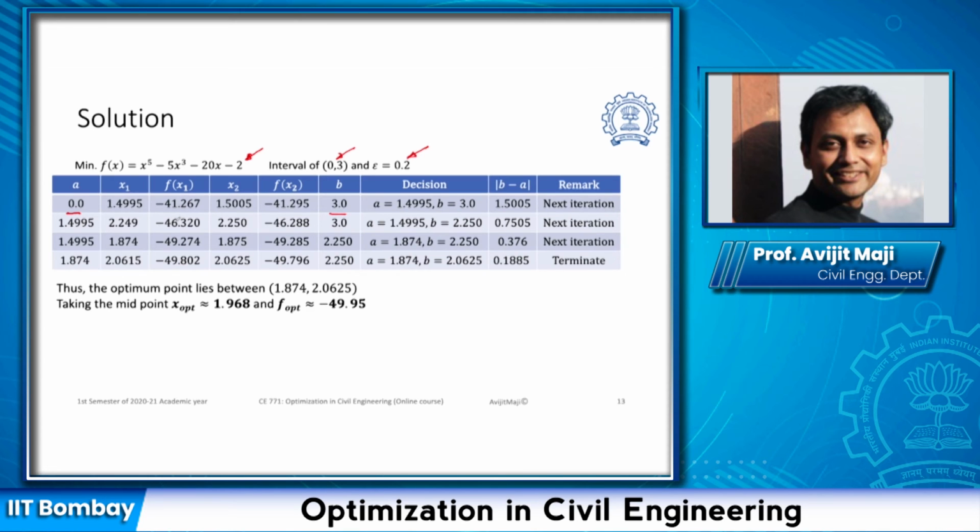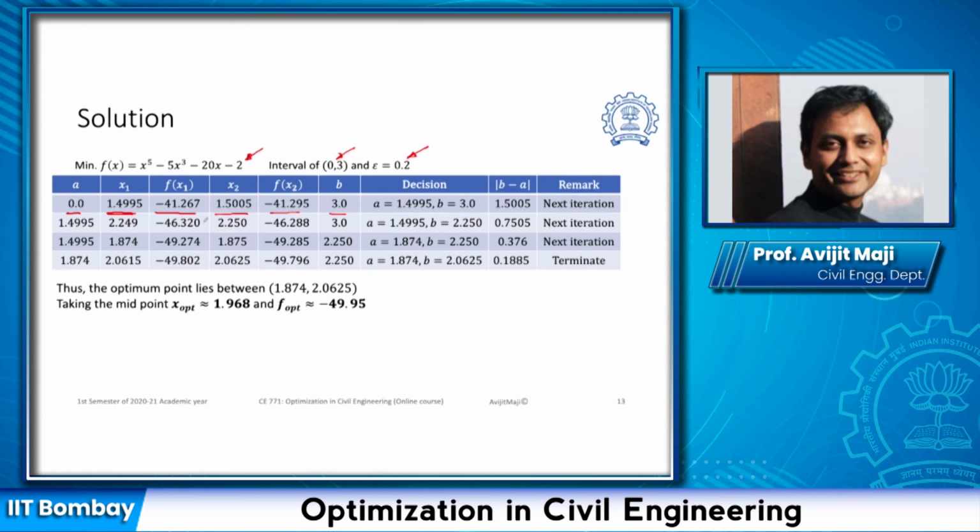The midpoint is going to be 1.5, and if we move a little bit, that is delta by 2, on the left, the point is going to be this, and on the right, the point is going to be this. The objective function values at these 2 points are this and this. From this it is clear that the optimum solution is not going to lie at any point before this 1.4995.